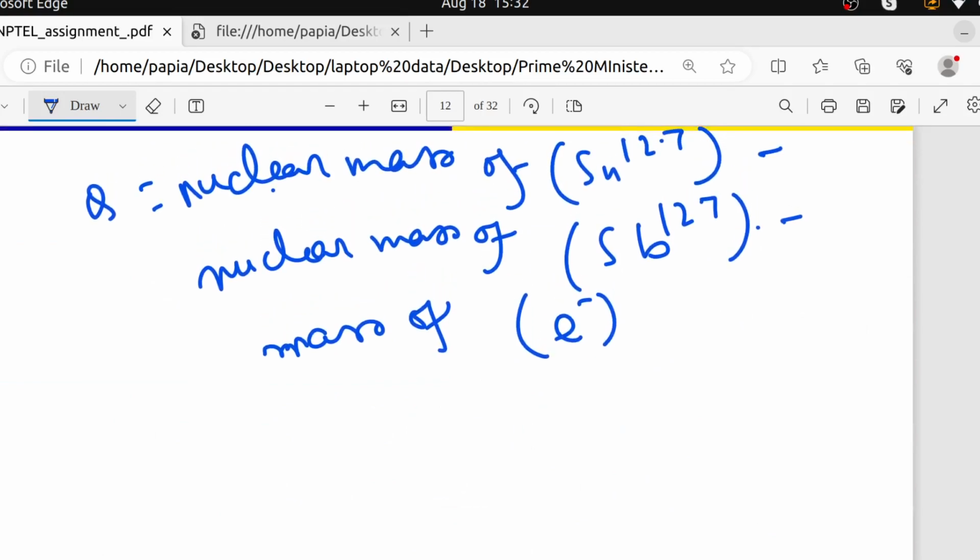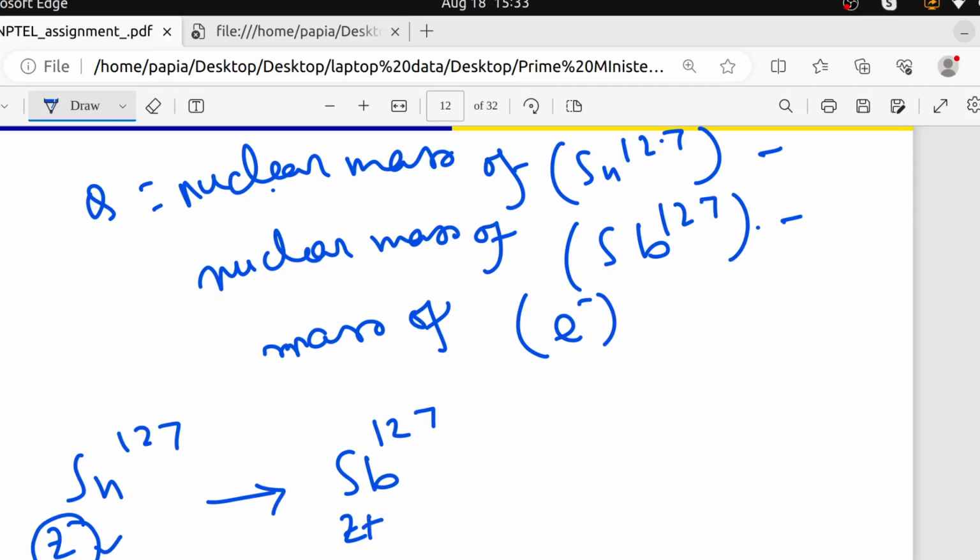Let's say I am writing here Z, as it is not given in the question. It will come as Sb with Z plus 1, because there is one electron. For the electron, you know that it is minus 1, 0, right? So what will the Q value be in terms of atomic mass?